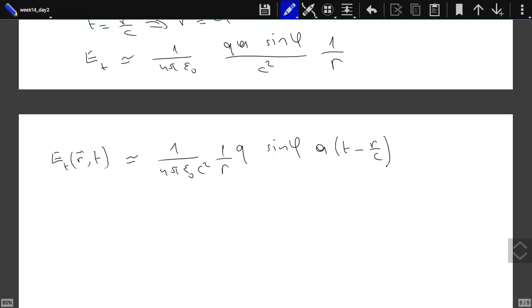If you consider our object just accelerated for a very small amount of time and then stopped, and we are measuring the electric field at the time t, it is proportional to the acceleration of the object at the time t equal to 0. So if the object is doing an arbitrary acceleration, not necessarily linear, not necessarily constant within that range, nevertheless the tangential electric field component will have this form at the point r at the time t.